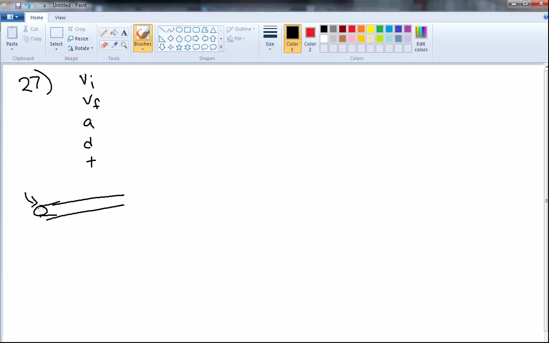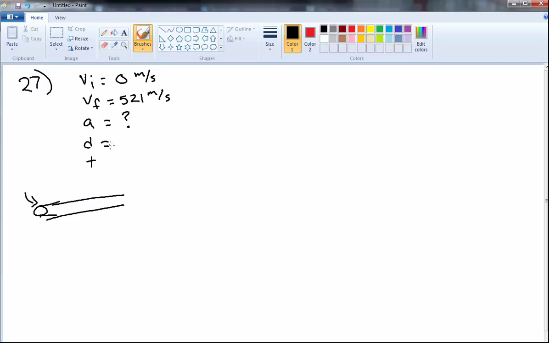So this is going to be our final. When it leaves the barrel, that's going to be its final velocity. So that's that 521 meters per second. Now if the bullet was fired, then it must have started at rest. If it started at rest, its initial is 0 meters per second. They want us to determine the acceleration, so that's going to be our unknown.